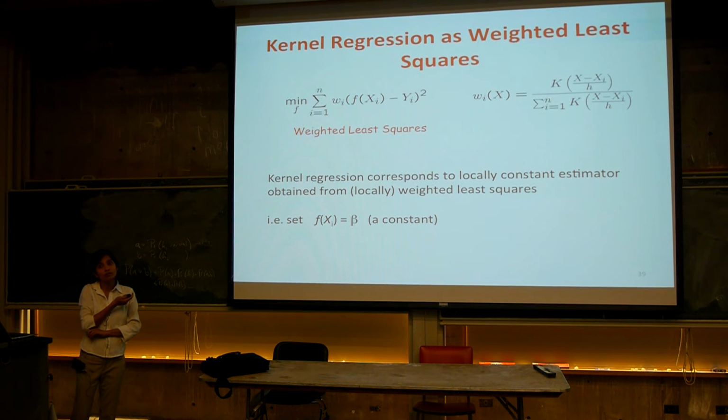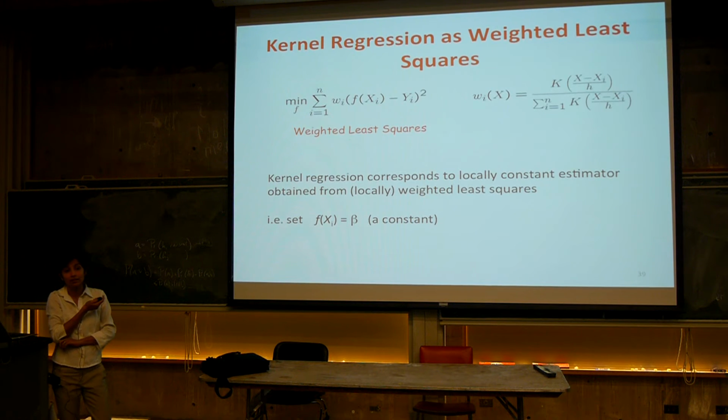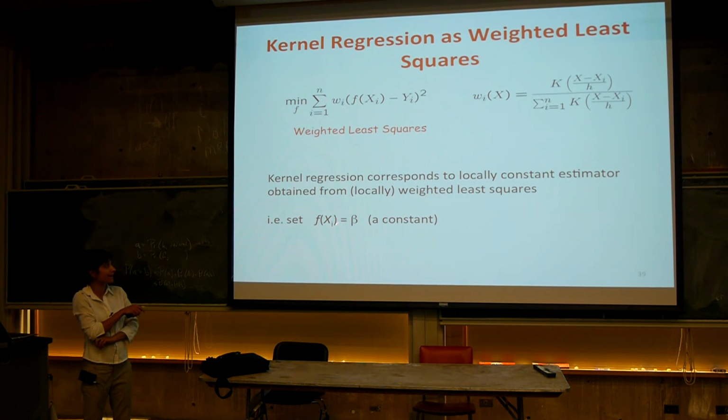Whereas you can try to do other fits, right? Earlier when we had done least squares, we had put in f of xi as xi times beta plus beta 1, or beta 1 plus beta 2, so a linear combination. You can also put that in here. That will give you a local linear fit. It's still going to be different than what we did before because of the wi's.